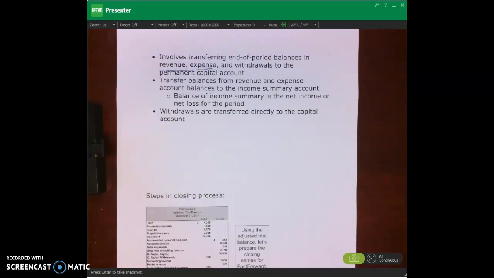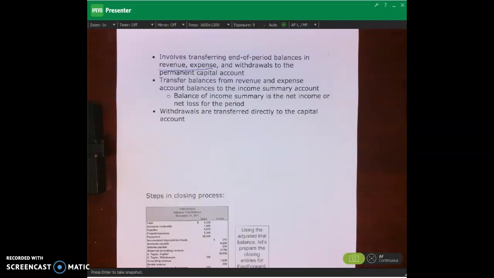And then we're going to take the balance in income summary and move it to owner's capital. And how do we do that? We do that with a journal entry. And then we're going to do another journal entry to move what's left over in the withdrawals account to capital.